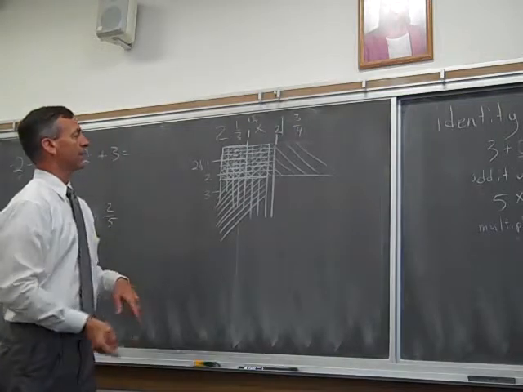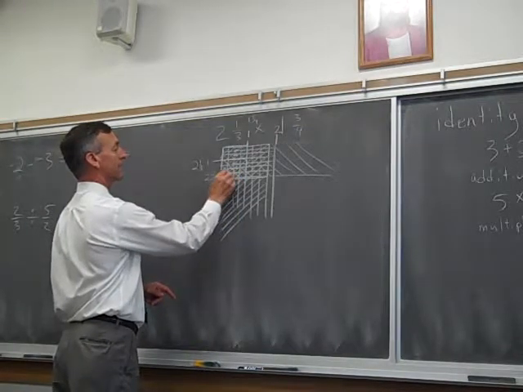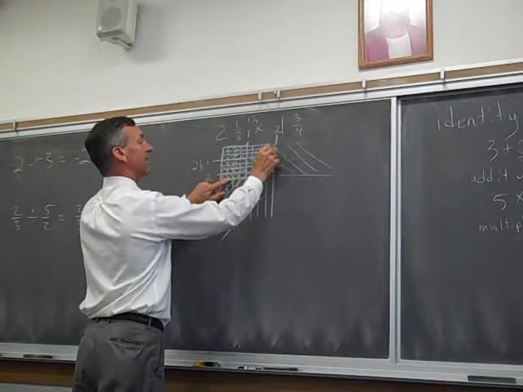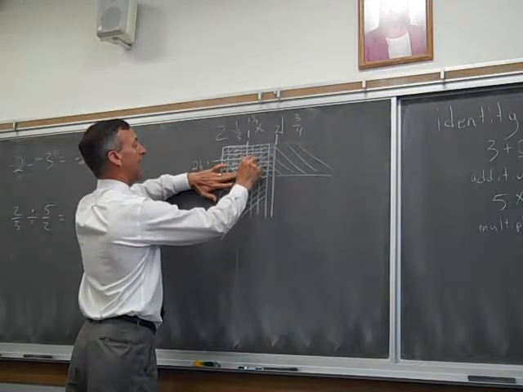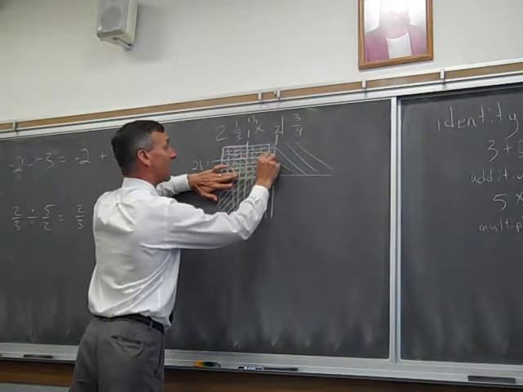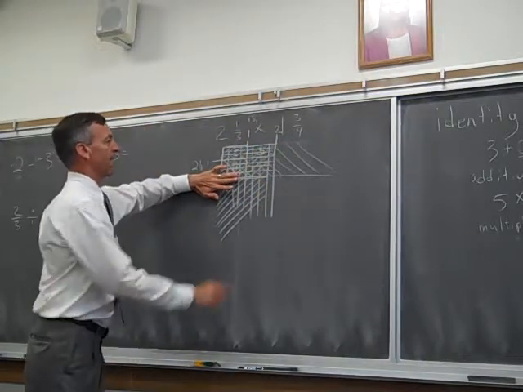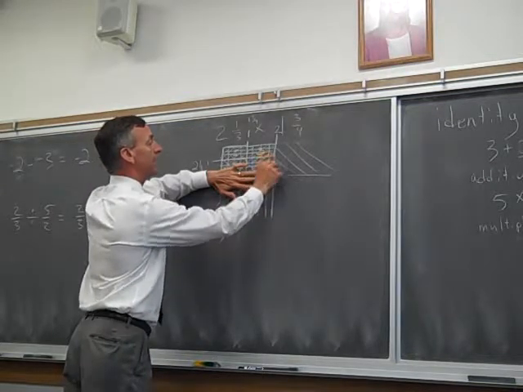Now what I can do is take these 3 and put them over here and finish filling in these 3, right? And now I've got a third whole. Then I can take these 3, right, and put them in right here.